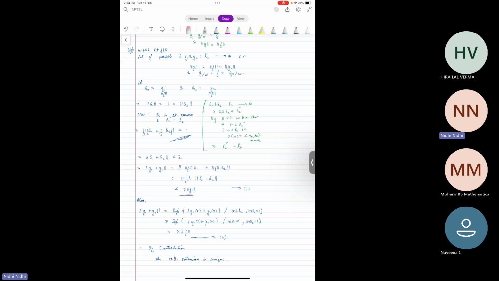But in fact, since W is a subspace of L2, from there we get that norm G1 plus G2 should be greater than or equal to 2 times norm f.